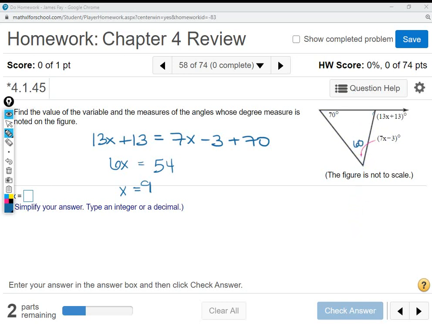If that's 70 and this is 60, what's this angle right here going to be? What's 70 plus 60? 130, so this angle has to be 50. And then this angle here would be 130, right? Okay? I hope.